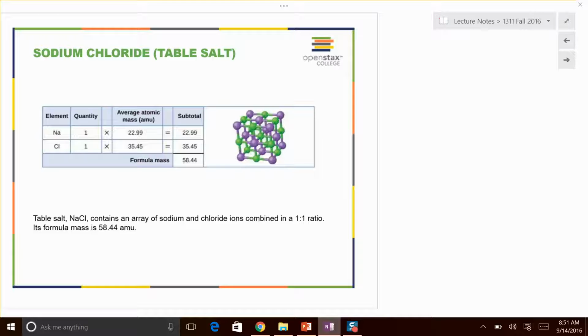So if I find the mass of a single sodium and a chlorine and add them together to get 58.44, then if I have 58.44 grams of sodium chloride, I know exactly how many atoms of sodium and chlorine I have in that crystal, in the substance I weighed out on my scale.